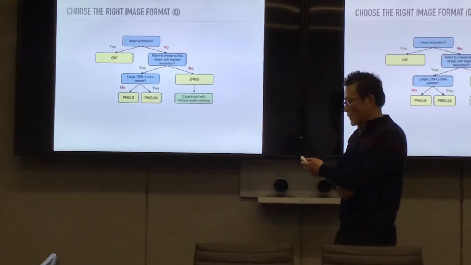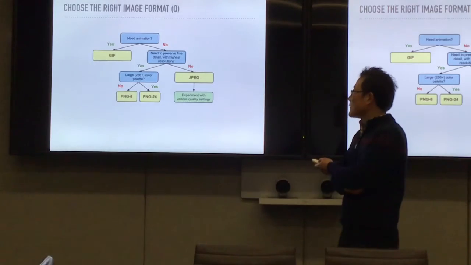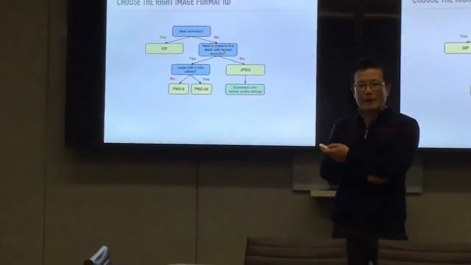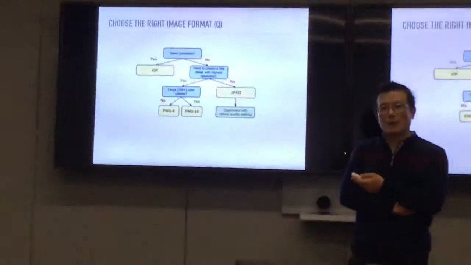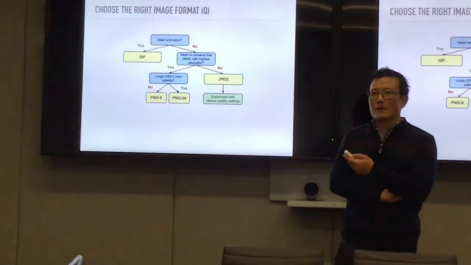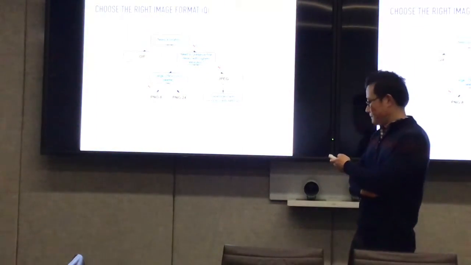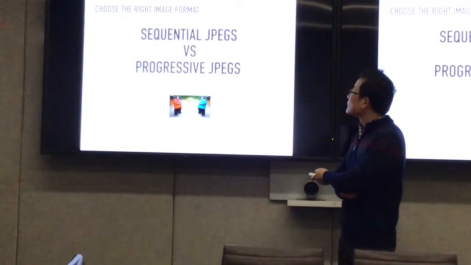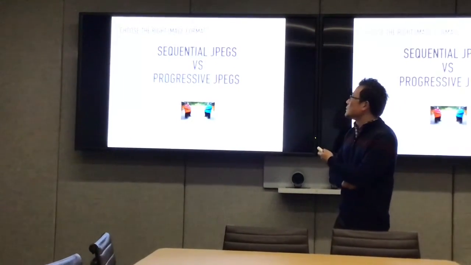Next, I'm going to focus more on JPEGs, because I think developers are familiar with it. JPEG is widely used on the web, so we had better get it right. Actually, there are two types of JPEGs.